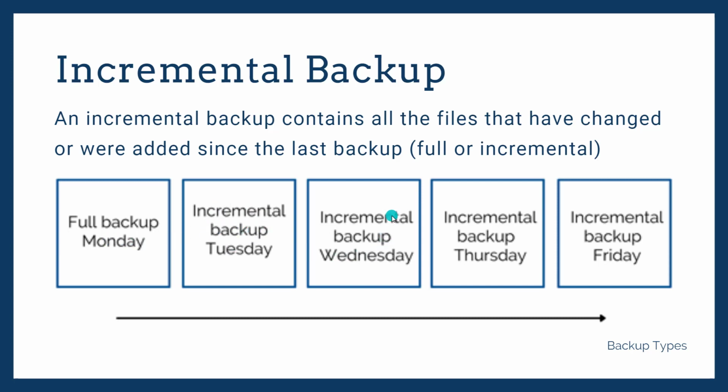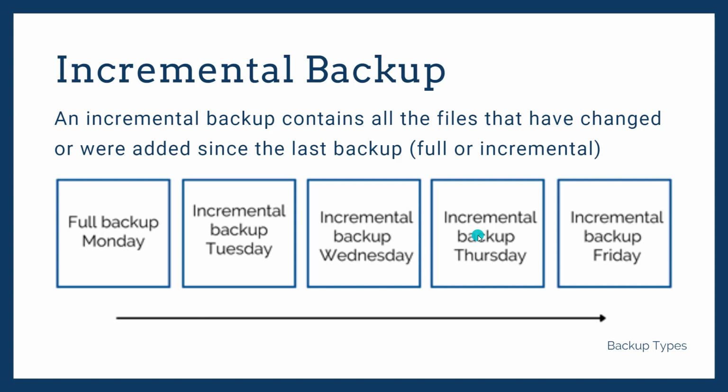But Wednesday's incremental backup will contain only the files that have been added or changed since Tuesday's backup. All right, because this was the last backup, not the full like the differential. On Wednesday, the last backup was Tuesday.